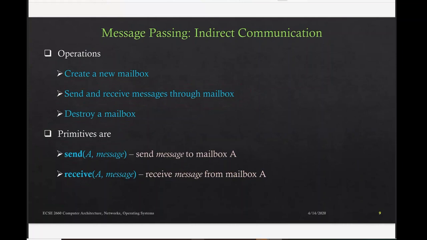However, there is a difference in terms of how the processes are being identified. Here, we do not have P and Q. What we have is mailbox unique ID A. Still, we have message identifiers for the message that you want to send and receive.